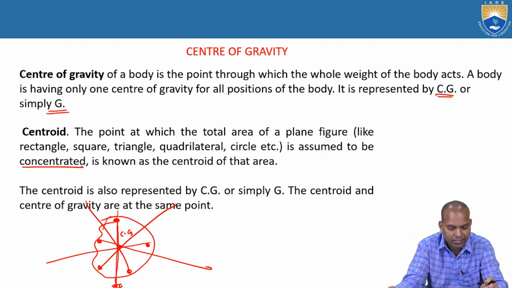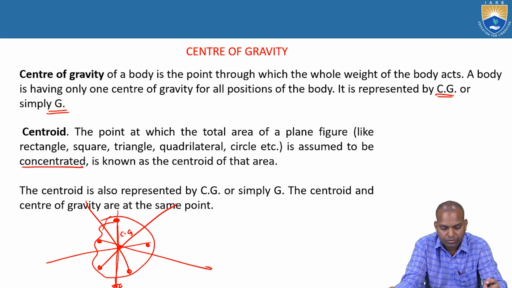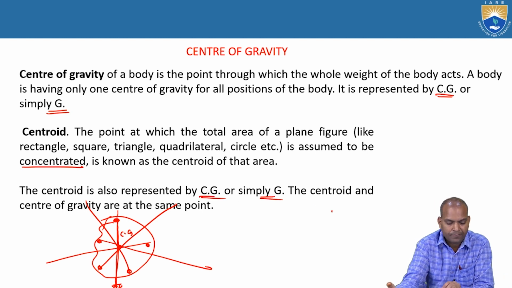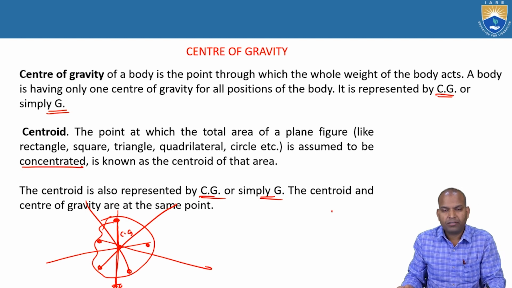Both terms, center of gravity and centroid, have the same meaning. It is generally represented by CG or simply G. The centroid and center of gravity are at the same point.